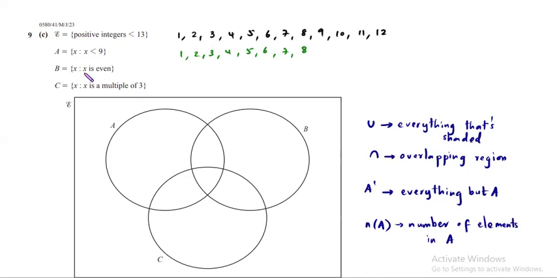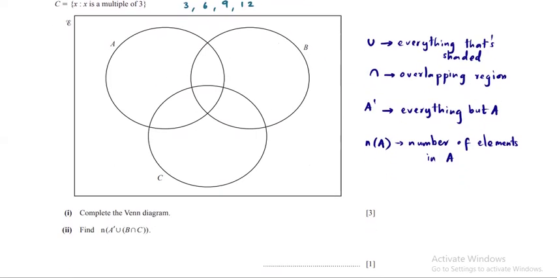Then the next one is x is even, so the even numbers are 2, 4, 6, 8, 10, and 12. The next one is x is a multiple of 3. So it goes 3, 6, 9, then 12. These are the multiples of 3.